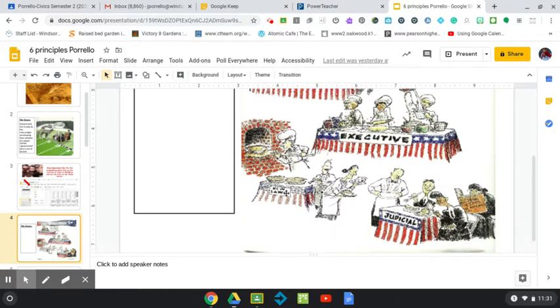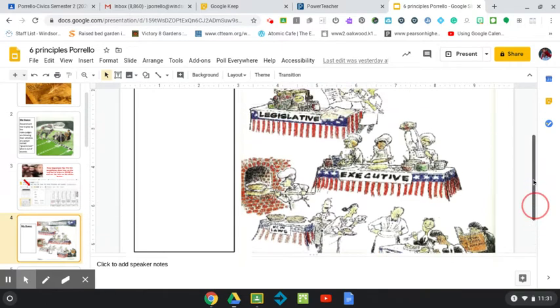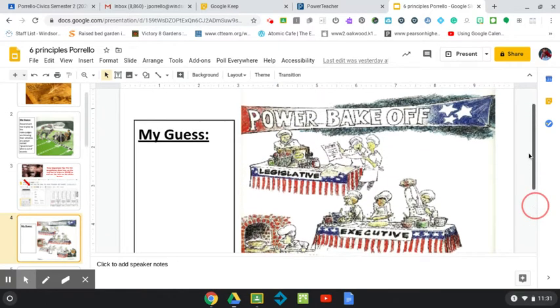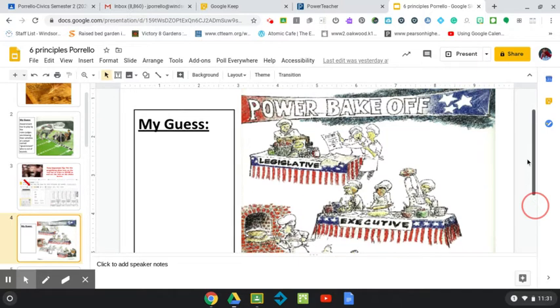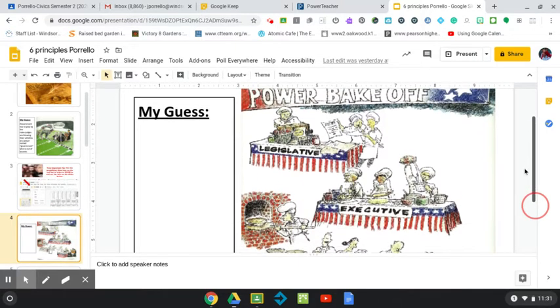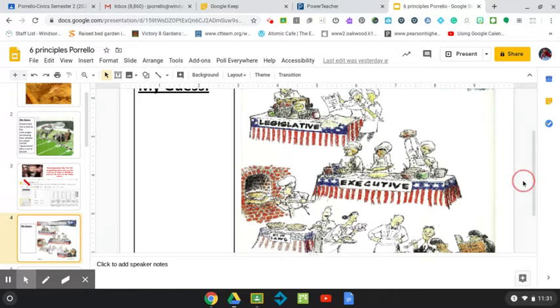Over here, we have a thing that says new laws, and they're now baking their pie, I guess. So, again, there's no right or wrong answer. I just want you to take an educated guess about what kind of truth this is showing in the Constitution, and hopefully, you're getting out of this that there's three branches.